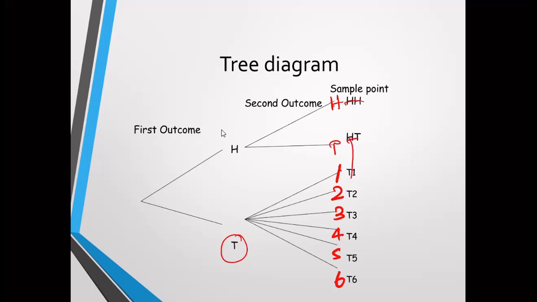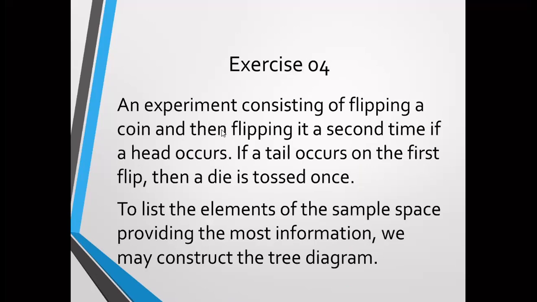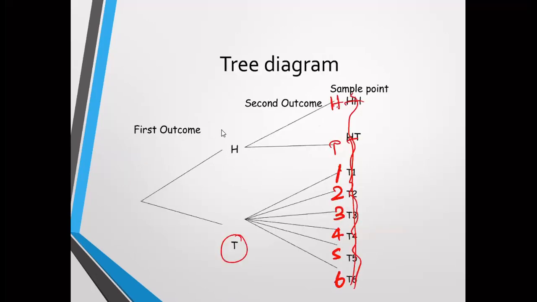Understand? So the outcome of the first experiment is H, T. Outcome of the second is what? H, T or 1, 2, 3, 4, 5, or 6. So these are the outcomes that we might get from this experiment.